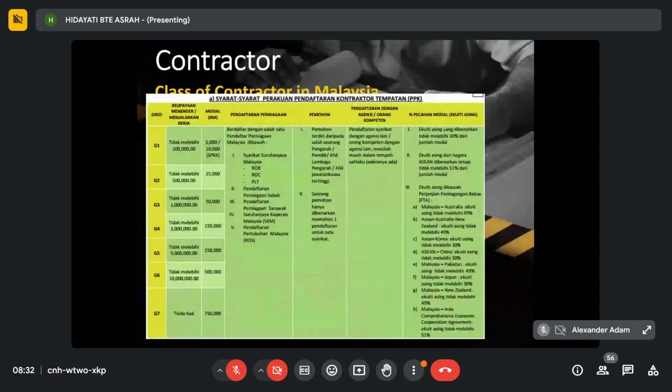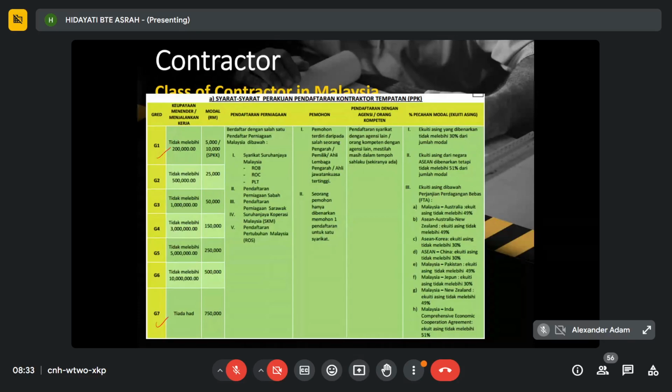So this is the class of contractor in Malaysia. This one is in Bahasa. As you can see from this table, the grade of the contractors is divided into 7 grades, G1 until G7. This is actually based on their capital, the budget. For example, a grade G1 contractor refers to a company having tendering capacity of not more than 200,000.